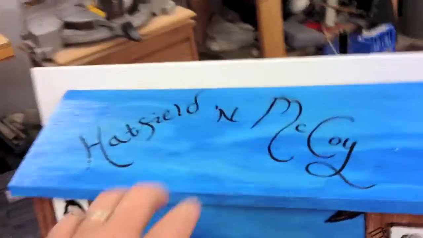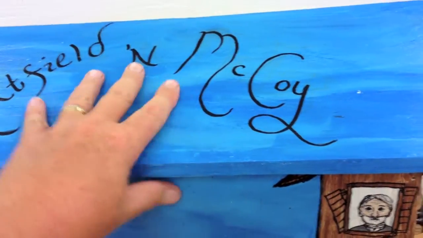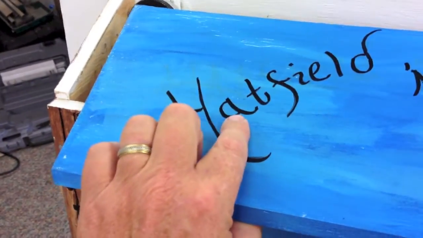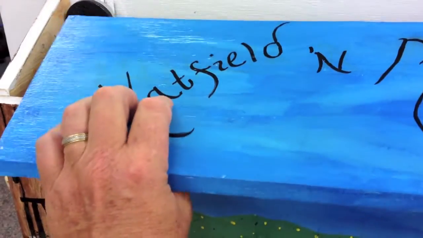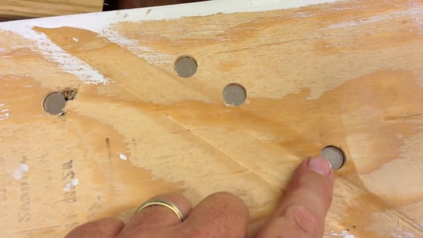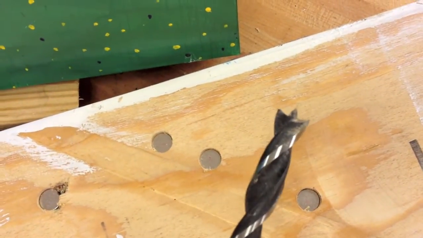While the top's not connected, let's just remind ourselves of how we put our magnets in. Under the letters, remember, A was one of the places where there was a magnet. If you flip it over, right there's the magnets. So I identified the exact locations. I used a 1/2-inch brad drill bit.